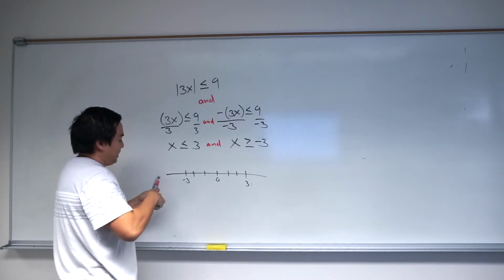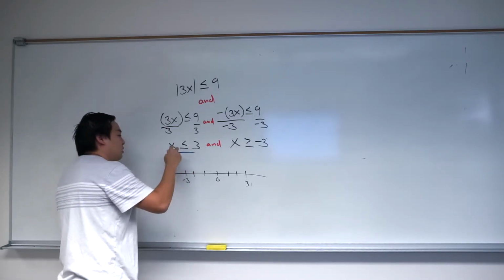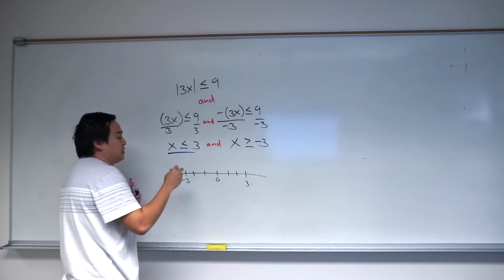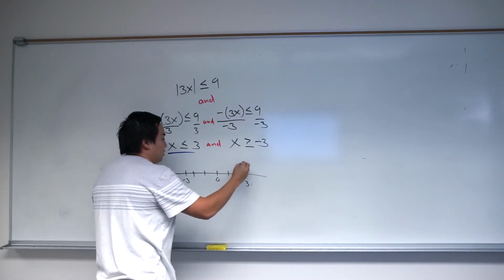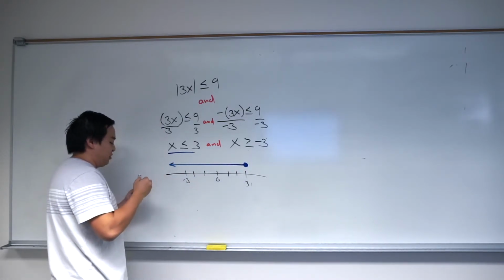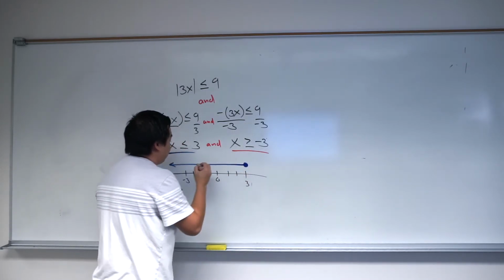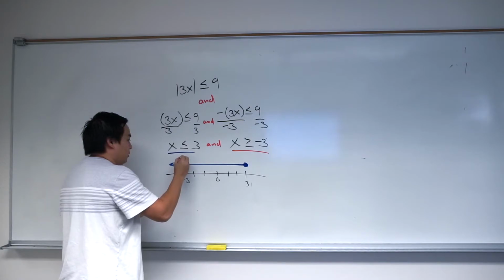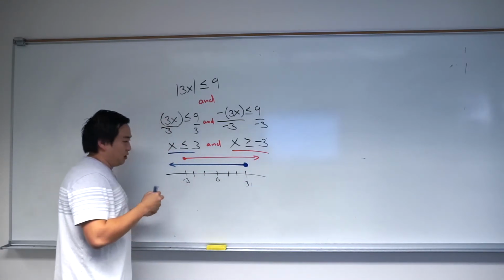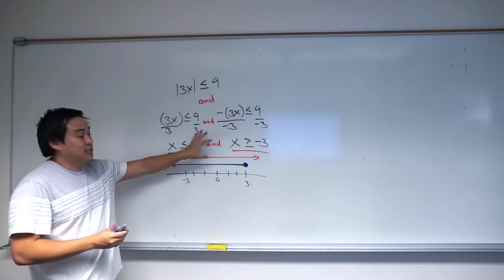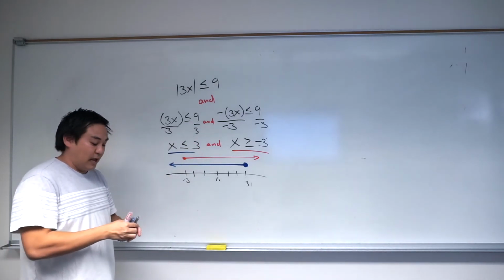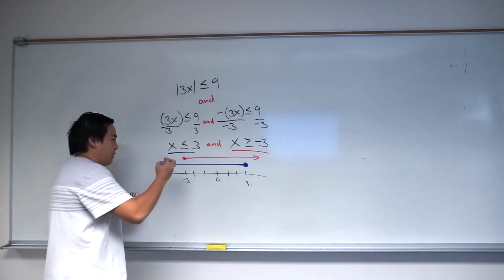And we say, this one is the blue one, and the x values which are less than or equal to 3 are those values, and the x values which are greater than or equal to negative 3 are those values.